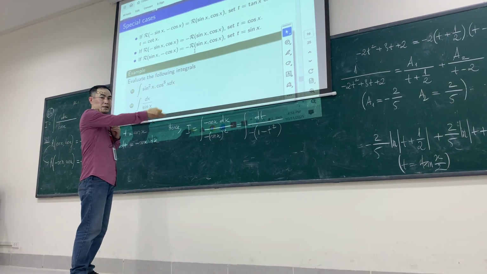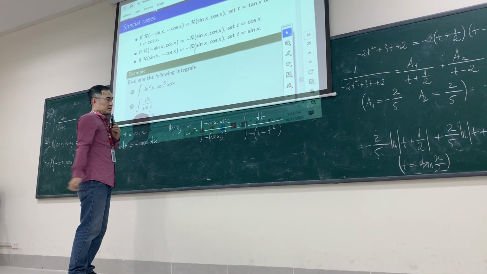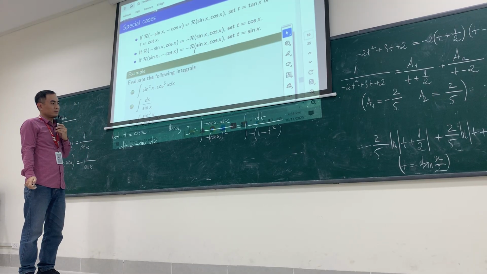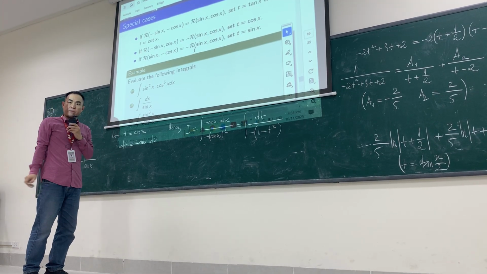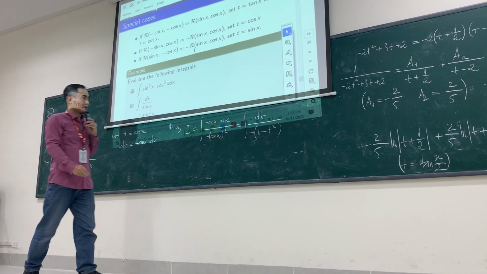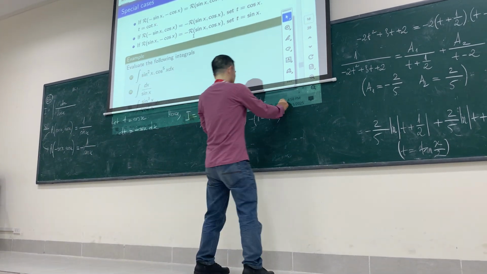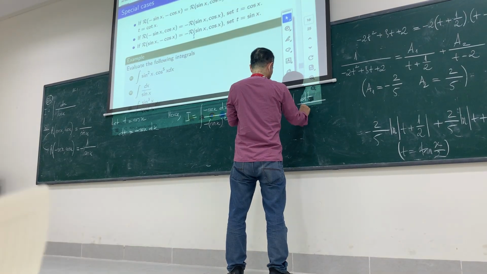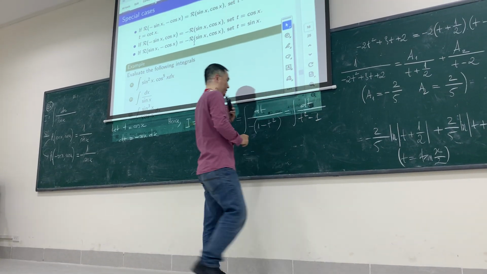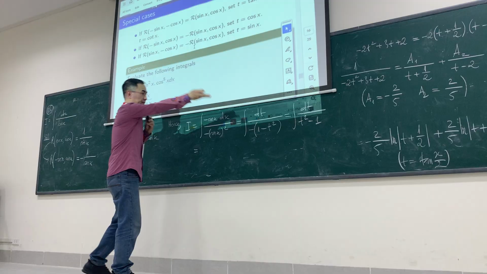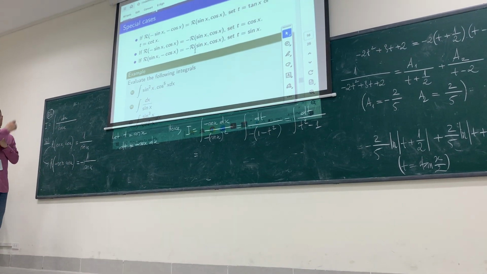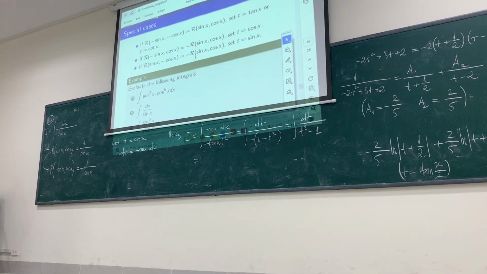Okay, we can express the integral I as an integral with respect to t. It equals the integral dt over t squared minus 1. Okay, now continue. Have we activated the integral of rational function?